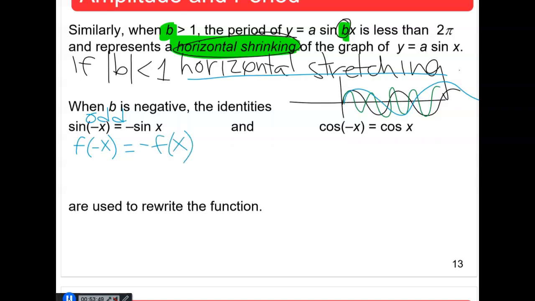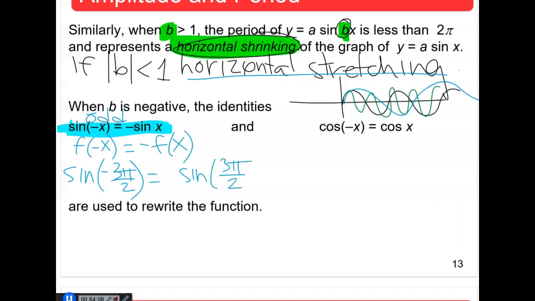So because it is odd, we're going to use this identity as in we could replace one for the other. So if you had something like sine of negative 3 pi over 2, we could just replace it by the sine of 3 pi over 2, but with the opposite sign in front of it.